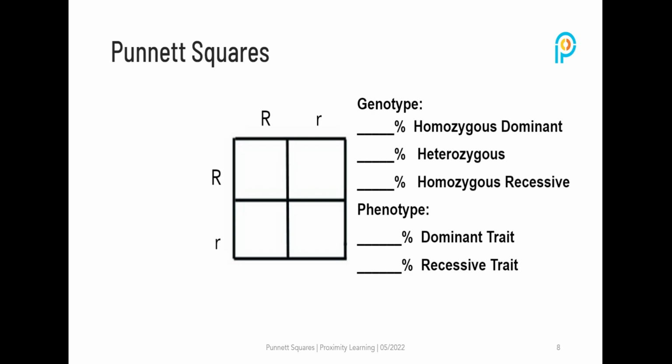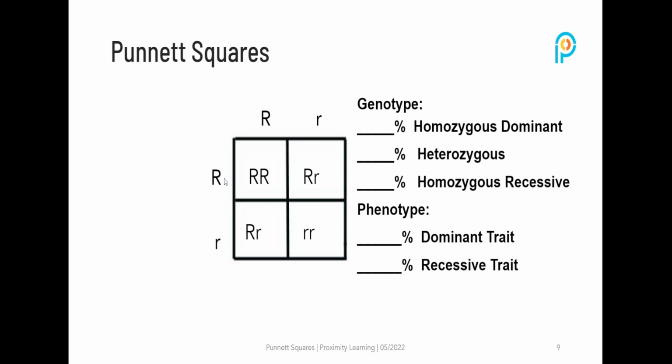We'll say this is mom. So let's match these up, and then we'll determine the genotype and the phenotype. So we'll have a capital R capital R, capital R lowercase r, still capital R lowercase r, and then lowercase, lowercase. So your box should look like this.